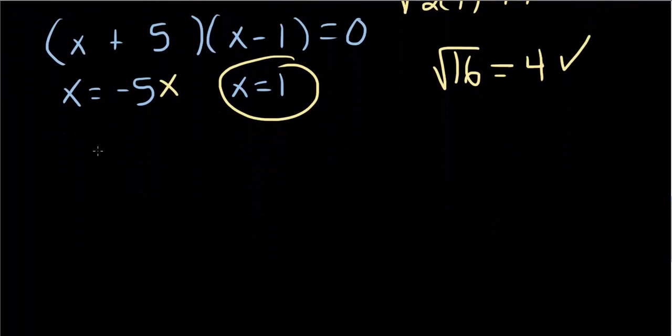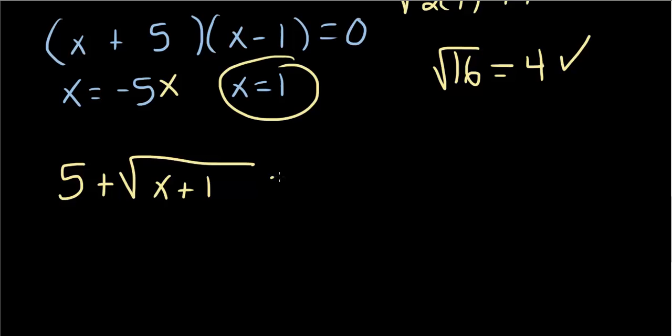We're going to try 5 plus the square root of x plus 1 equals 16. The first step is to isolate the radical, so we subtract 5 from both sides.